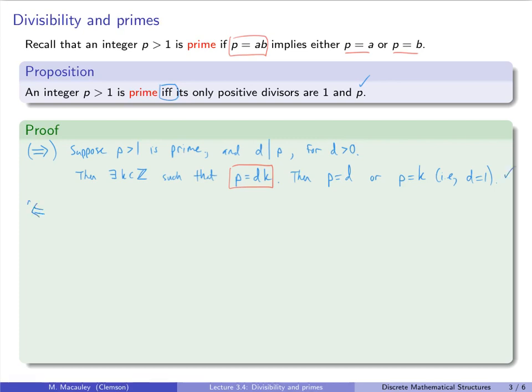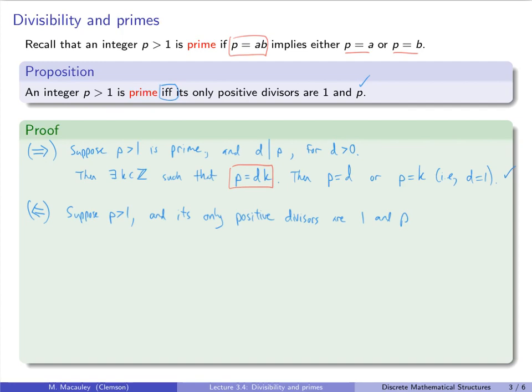Next, going backwards. Now let's suppose that for a positive integer p, its only positive divisors are 1 and p. Let's write that down. So let's suppose p is bigger than 1 and its only positive divisors are 1 and p.